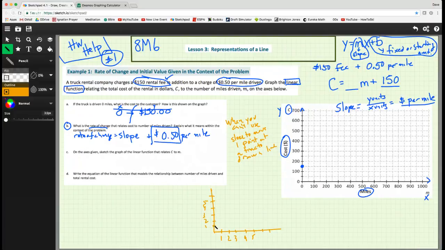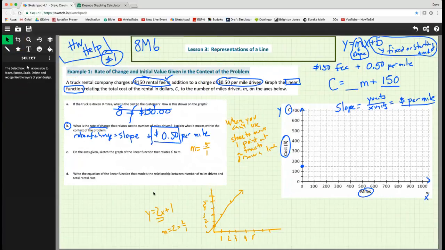And our y-intercept was 1, y equals 2x plus 1. We could go up 2 over 1, up 2 over 1 to draw our line. We could do that because the 2 units is our slope, and we go up 2 over 1. But here we can't do that because our slope is 0.5 over 1, and we can't go up 0.5 over 1, up 0.5 over 1 because our units are too big on this axis. So we have to use another strategy. Hopefully that made sense to you.